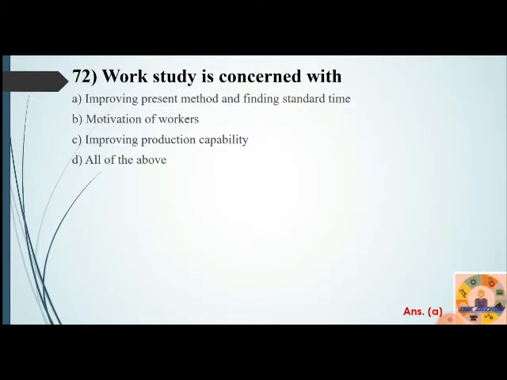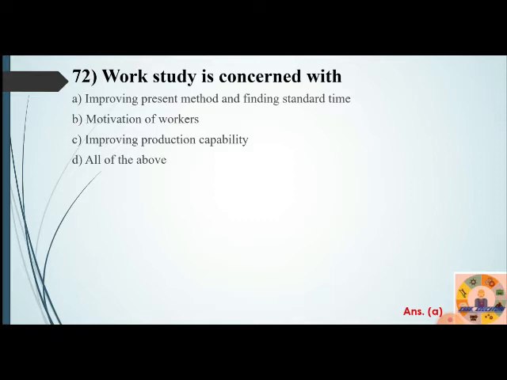Next question is, the work study is concerned with. Options are A, improving present method and finding standard time, option B, motivation of workers, option C, improving production capability, or option D, all of the above.